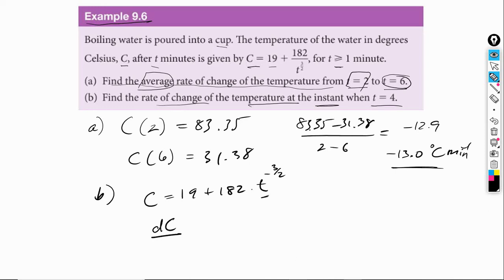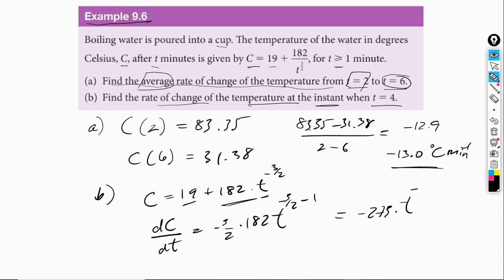So this would be then the rate of change, or the instantaneous rate of change of the temperature, would equal, derivative of this is 0, so let's do the derivative of this. It's going to be negative 3/2 times 182 times t to the power of negative 3/2 minus 1. And this is going to give us, let's see, negative 273 times t to the minus 5/2, right?